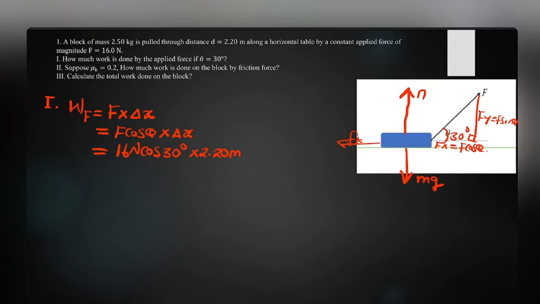From here we get our calculator and punch it in. After punching, the answer that I'm getting is 30.5 joules. So this becomes the work done by the applied force.